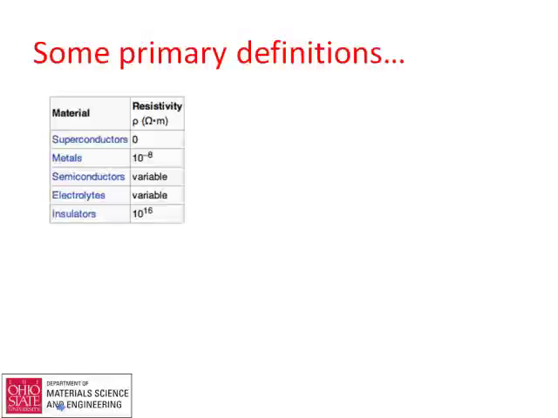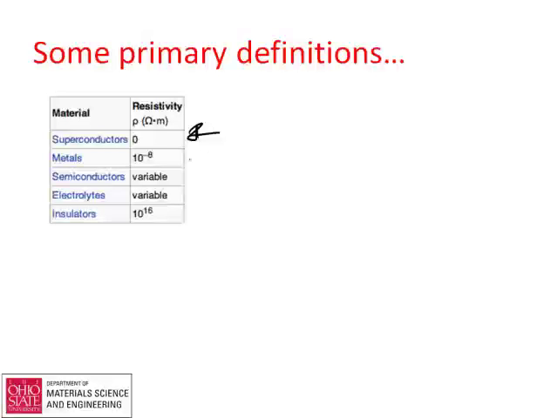So anyway, here's some primary definitions. Wikipedia, as usual. Superconductors truly have no resistivity. I don't think any superconductors exist at room temperature. You used to have to go down to pretty darn close to absolute zero, but we don't anymore.